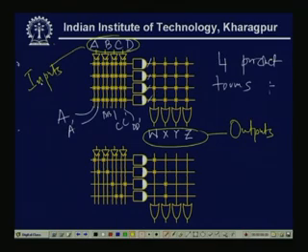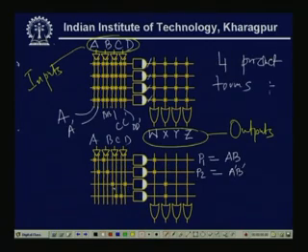Now, if I take a particular example, let us see what this circuit realizes. Say this is my A, B, C, D. Then the first AND gate output, the first product term, P1 equals A B. Then the second product term, P2 equals A bar B bar.